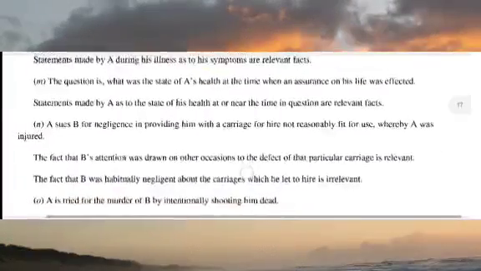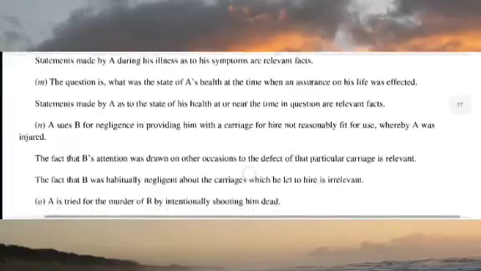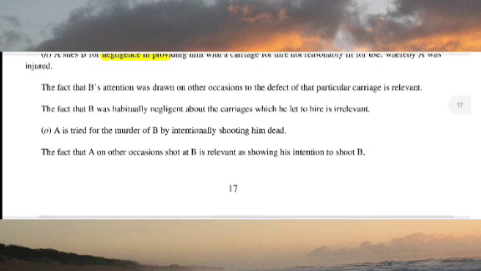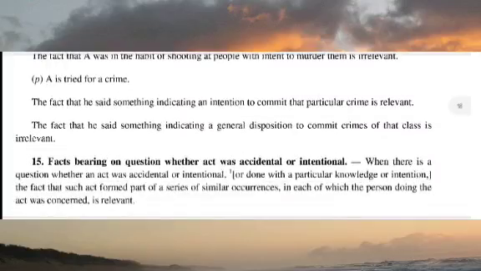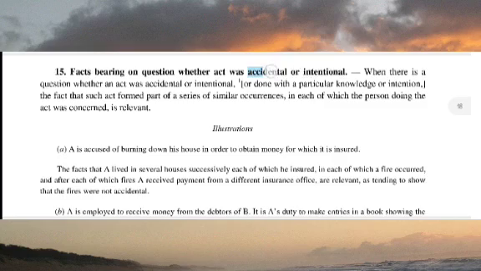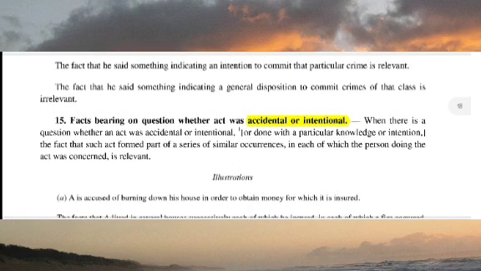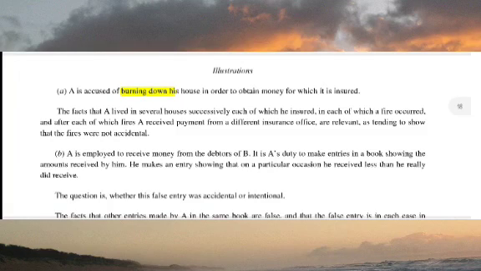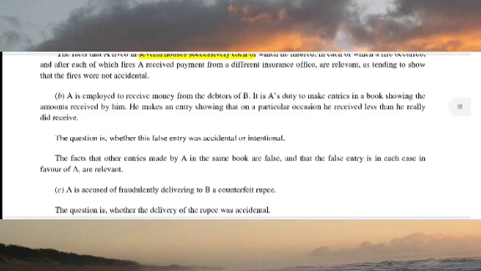A's state of health at the time of insurance of the life was affected. Negligence. A lot of illustrations, not possible to read all the illustrations. Accidental or intentional. Accused burning a house: several houses successively burned, relevant.